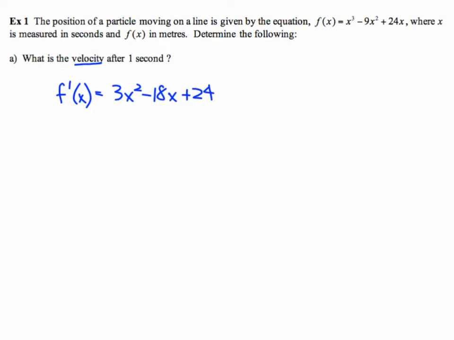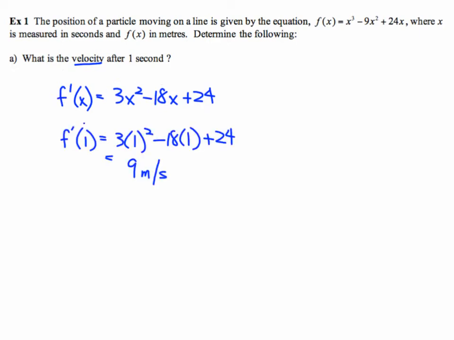To calculate the velocity after 1 second, I substitute 1 into the derivative for x. I do my calculation, and I get 9 meters per second.